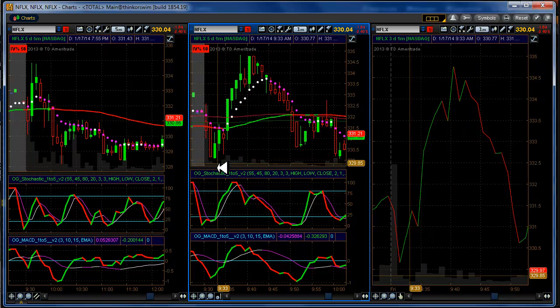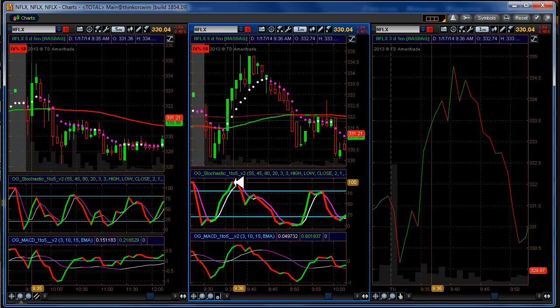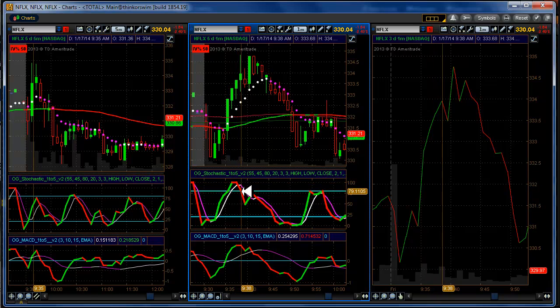What we're basically looking at is just movement in the MACD. If it's above and it hooks, you want to do something, but you need confirmation.